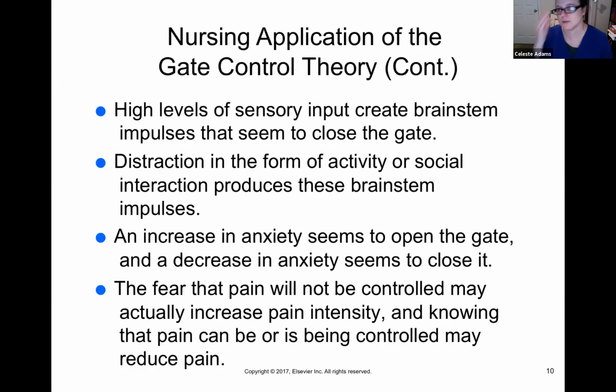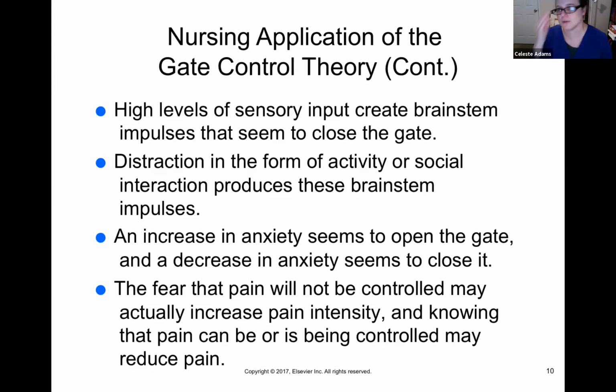So if you have increased anxiety, it's going to open that gate for that pain impulse to go through. But if you manage that anxiety and get it decreased, it's going to close that gate and not allow that pain impulse to go through.